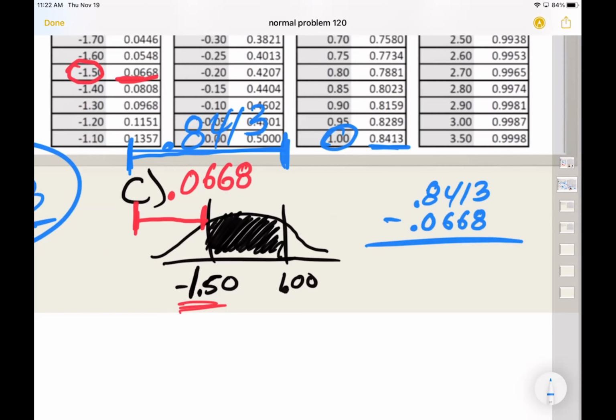If I subtract, I should get 0.7745, meaning the area between the two values is 0.7745.